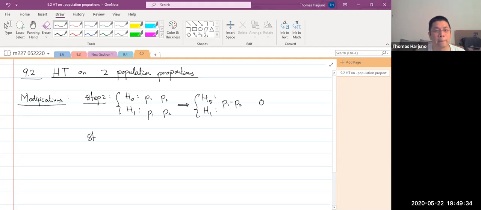Now step 3. We will use the test statistic Z just like before, but it will be P1 hat minus P2 hat minus 0, that's P1 minus P2, which will be 0, over, now this one is complicated, P bar Q bar over N1 plus P bar Q bar over N2.